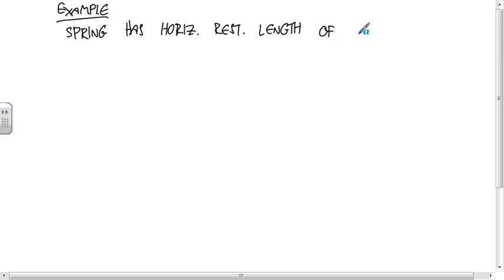So say that a spring has a horizontal resting length of 0.15 meters and a K value of 100 newtons per meter. And say that there's a mass connected to the spring of 0.75 kilograms.